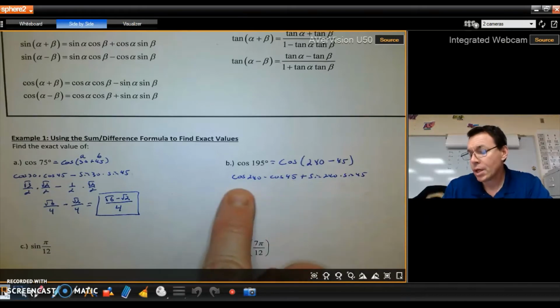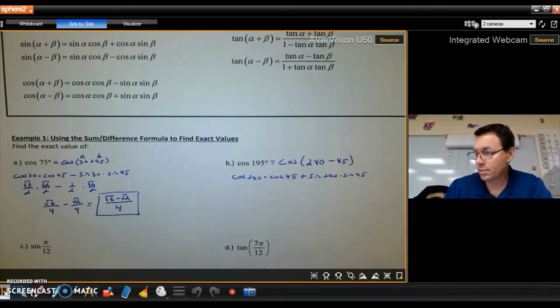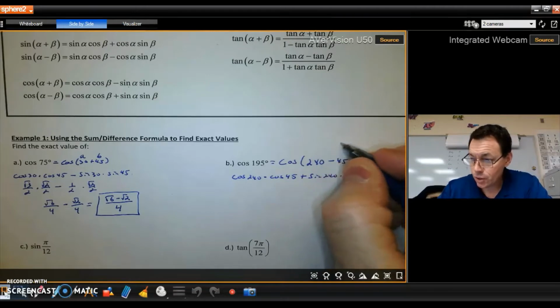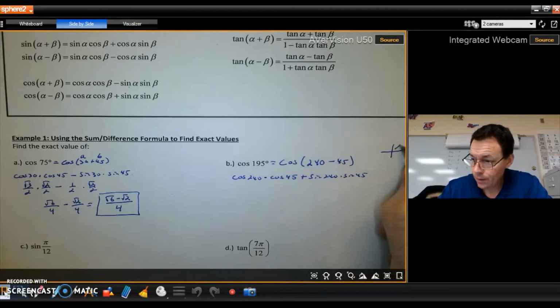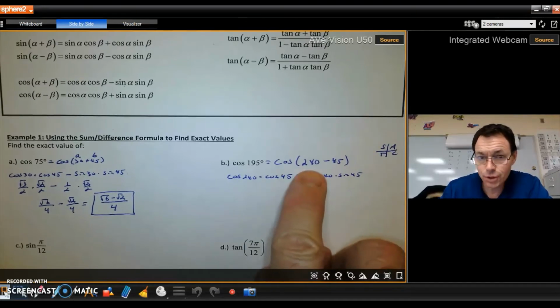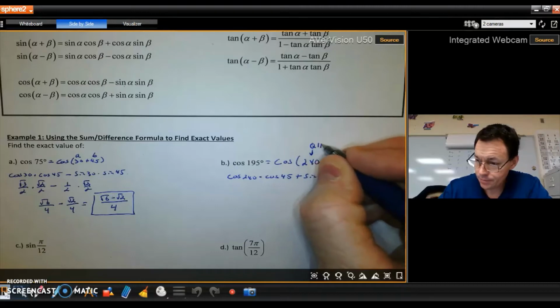Now, remember, my next job is to simplify all these things. I'm going to be using my chart and the reference angles for these. Do not forget to use your All Students Take Calculus. That angle 240 that I used is in quadrant 3.